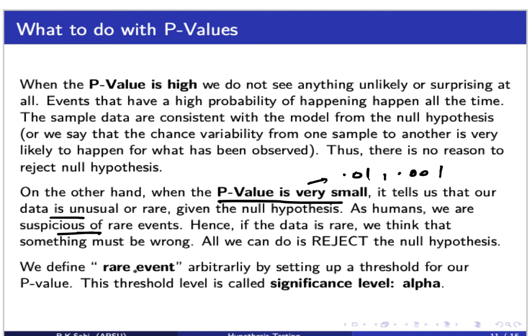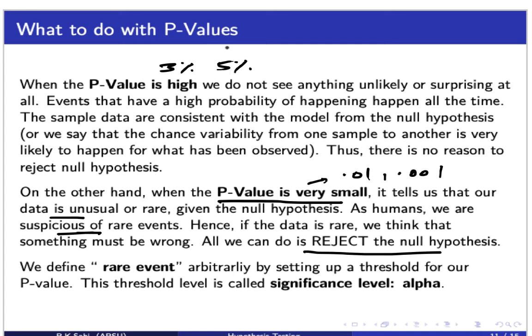So if the data comes out to be rare, that's when we say we are going to reject the null hypothesis. So what is the combination? If you have a high p-value, say 3%, 5%, nah, that's nothing. It's okay, it's fine. But if the p-value is very small, 0.1%, 1%, something is not right.